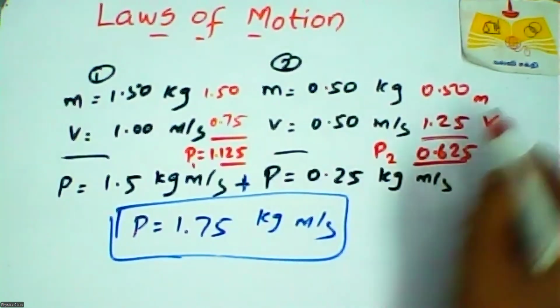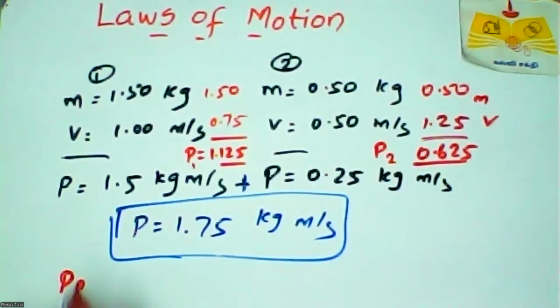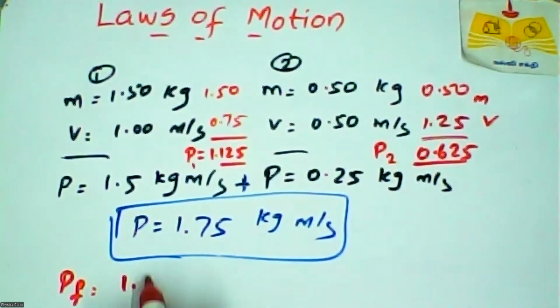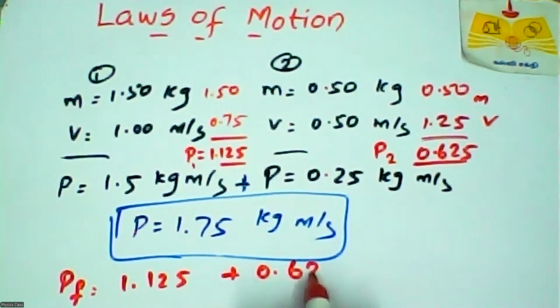Now you can add these two terms for the final momentum: 1.125 plus 0.625.